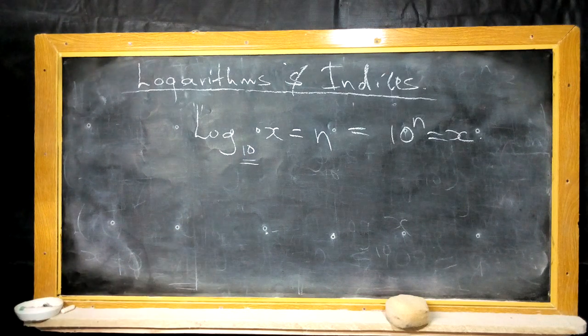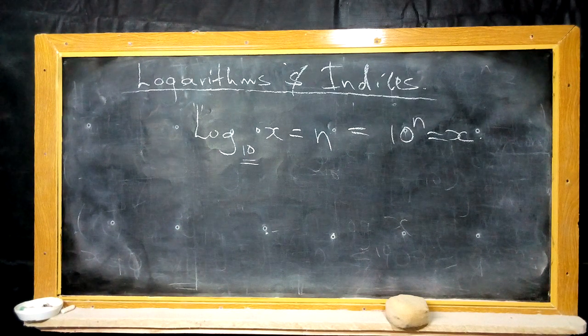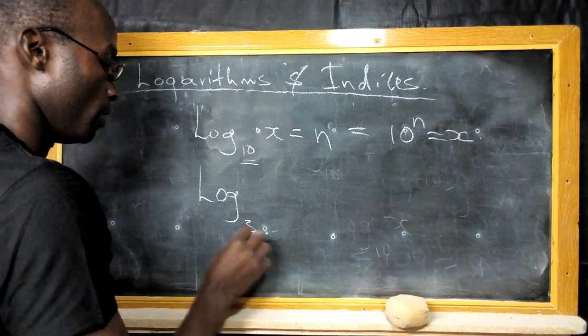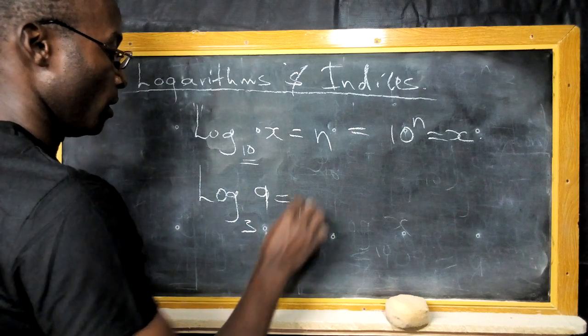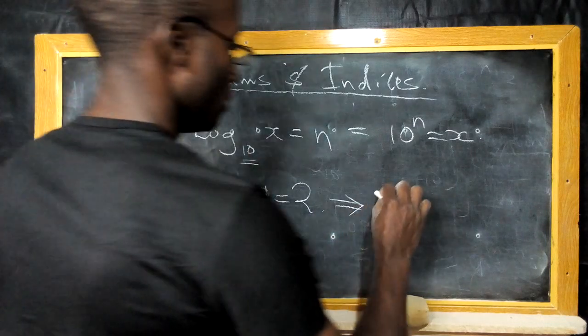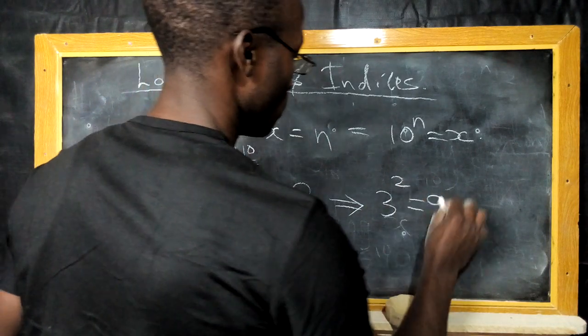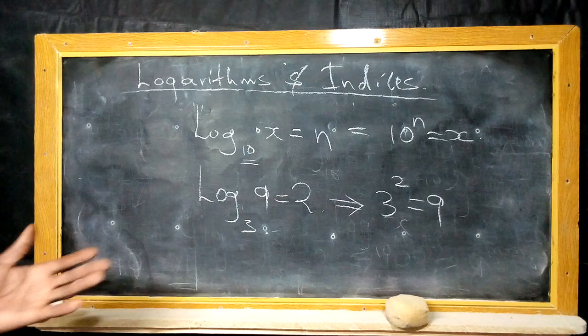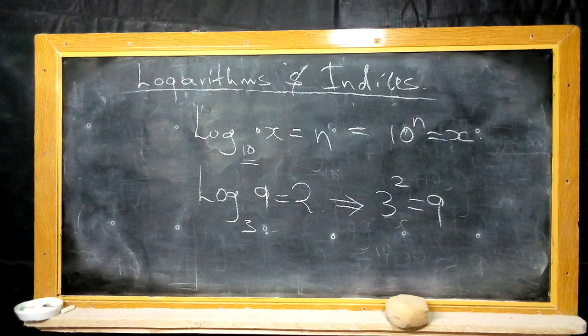We can as well look at expressions which have different bases and try to see how they can be expressed. For instance, if we say log to base 3 of 9 is equal to 2, this implies that 3 raised to power 2 is equal to 9. So for that case, the log to base 3 of 9 is equal to 2.